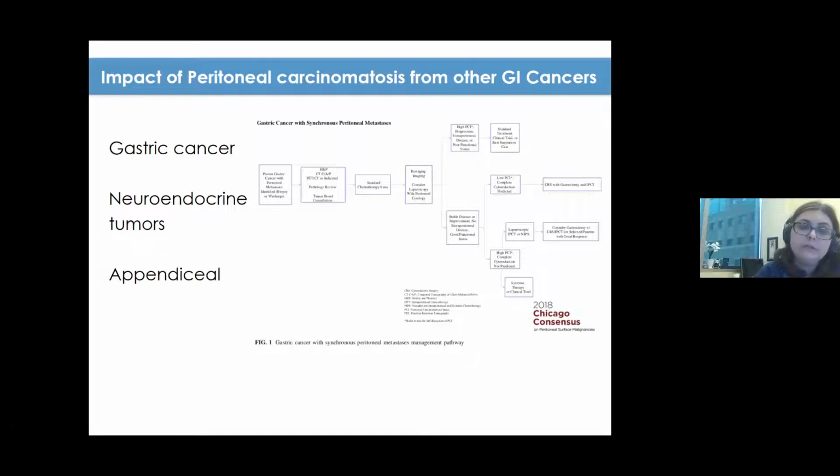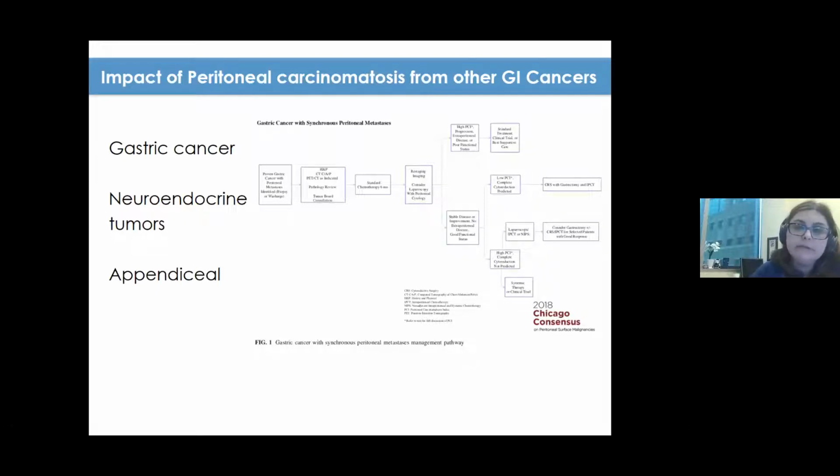And here I just listed one of the algorithms for gastric cancer that perhaps in a very selective population of patients, despite the fact that we don't have very solid phase 3 clinical trials, there might be a role for cytoreduction surgery plus or minus HIPEC in these populations.